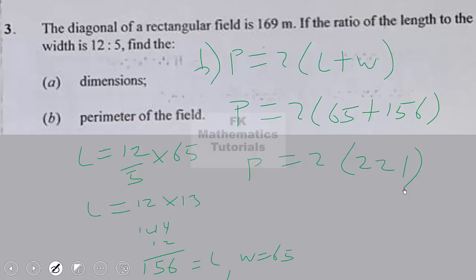I don't have a calculator here. So the perimeter will be equal to 2 times 221, which is 442 meters. So all these are in meters.